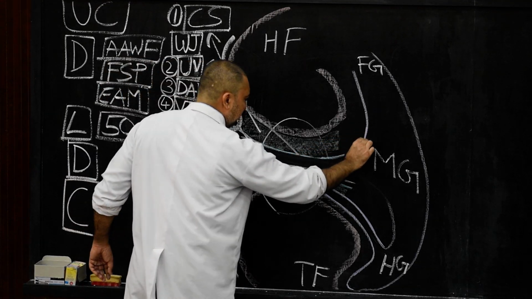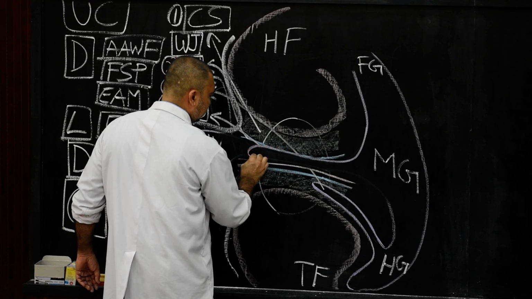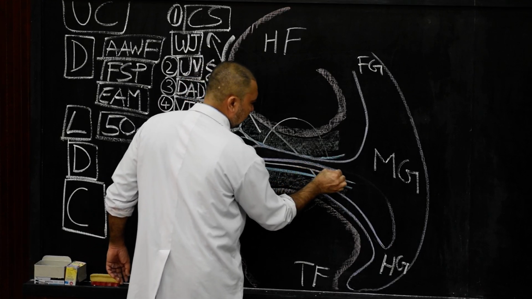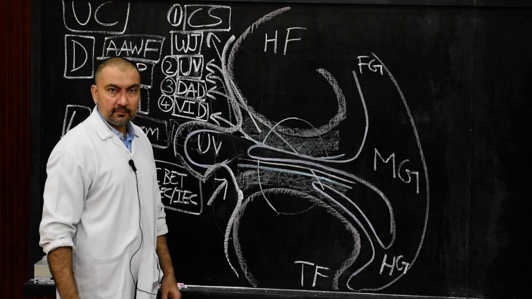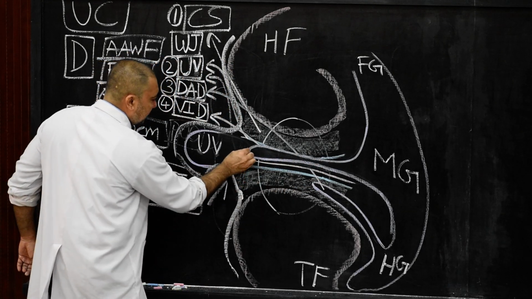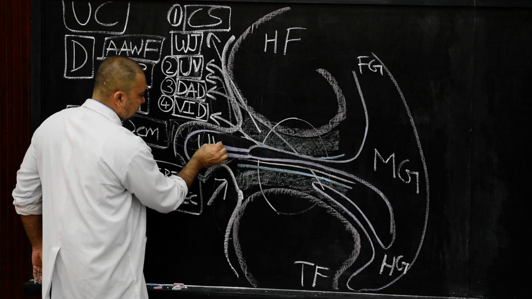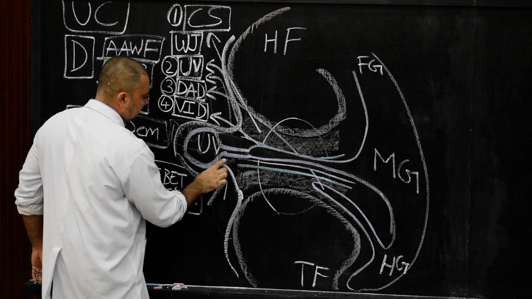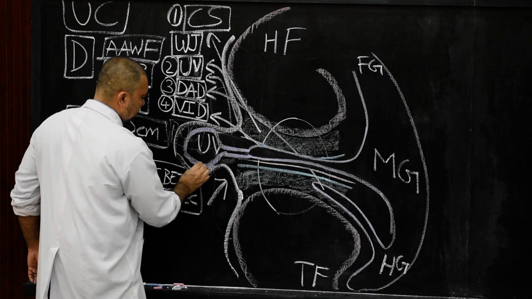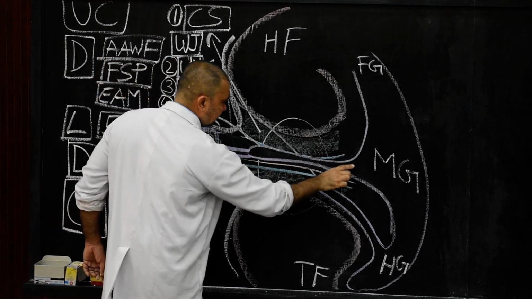So this midgut here will be present in this way. It will have the entire midgut as U-shaped. This will be connected with vitellointestinal duct, which will be connected with umbilical vesicle. So here this is umbilical vesicle, this is vitellointestinal duct, and this is the U-shaped loop.